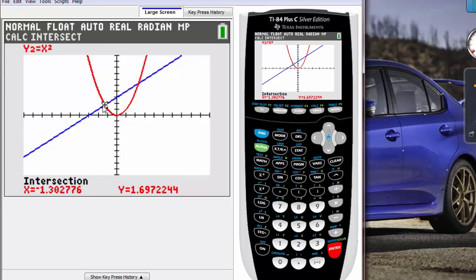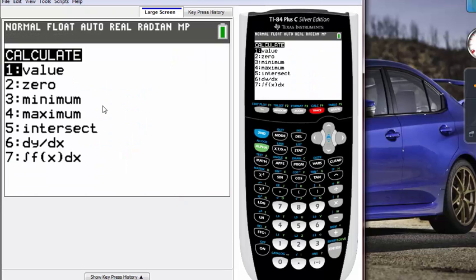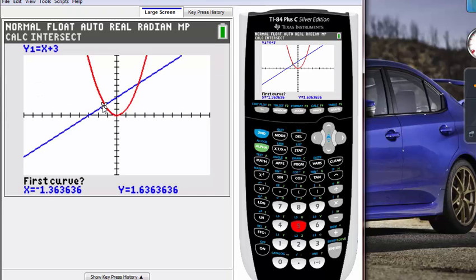And also, we have to find the other one here, right? So let's go back to second trace, which is calc, and then the fifth choice there. By using your arrow key, you can move this cursor around. This time, let's pick somewhere right there and hit enter.